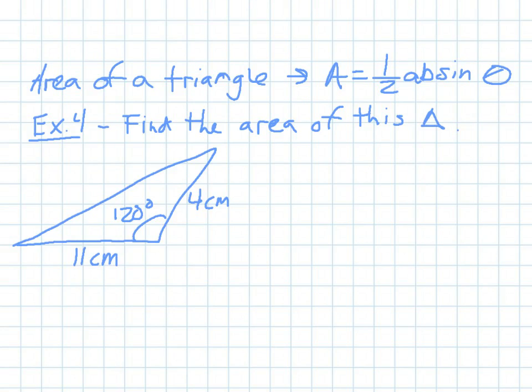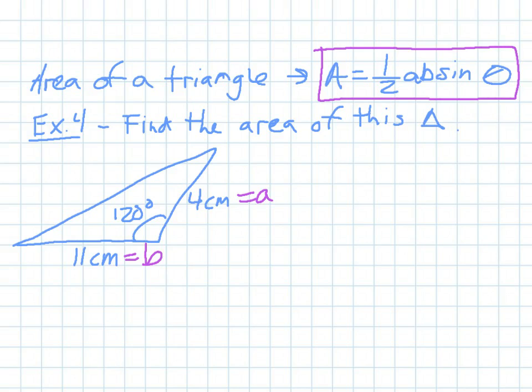Moving on. Now the last little bit of this, in the section they talk about the area of a triangle. They give you the formula where area is equal to 1/2 times A times B times sine of theta. A and B values are the sides of the triangle that make up the angle that they're talking about. So here our A and our B are 4 and 11 because they make up the angle of 120, which is the only angle we know.